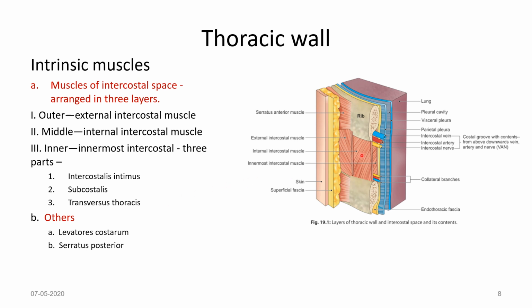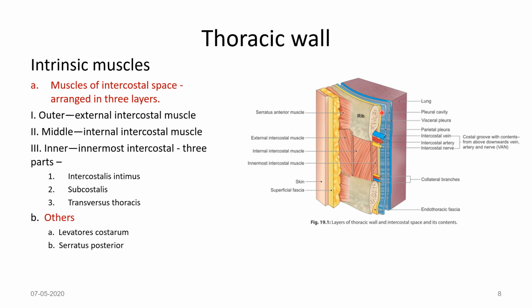In between the internal intercostal and innermost intercostal will be the neurovascular plane, where the intercostal vein, artery and nerve are seen from above downwards, and they are placed in the costal groove on the internal aspect of the rib.